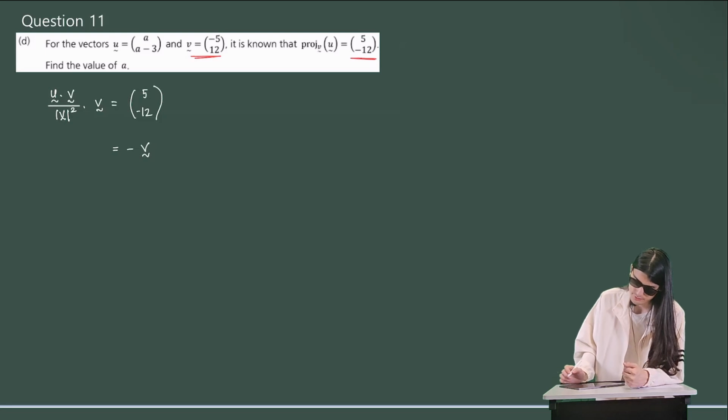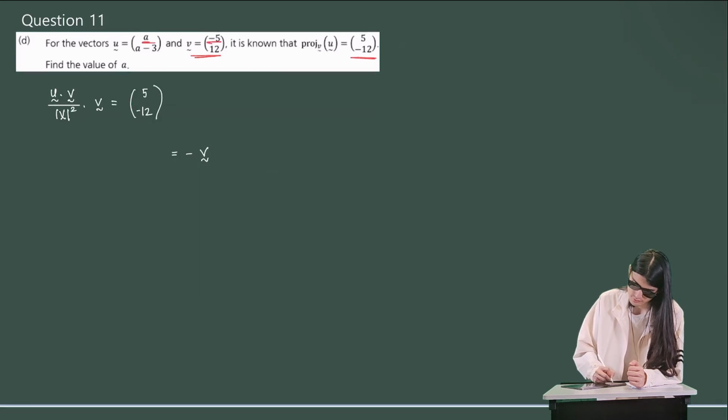And on the left hand side, u dot v, that is the dot product x1 times x2, so therefore a times negative 5, plus y1 times y2, so 12 times (a minus 3), over magnitude of v squared, that's 5 squared plus 12 squared. This multiplied by v is the left hand side.